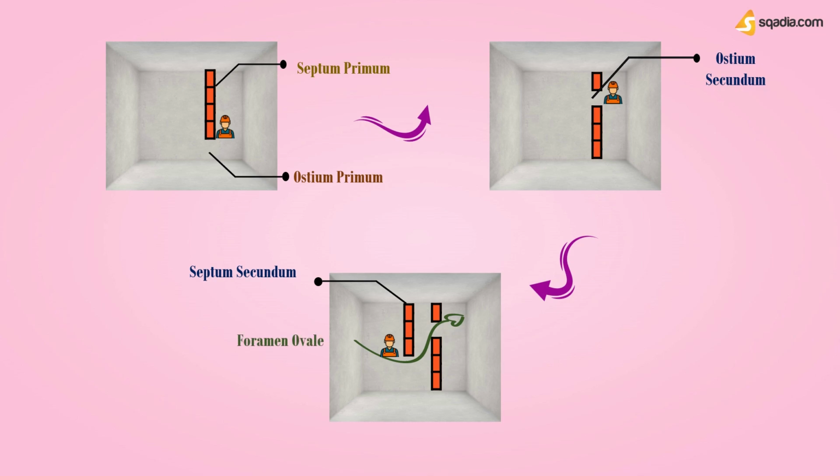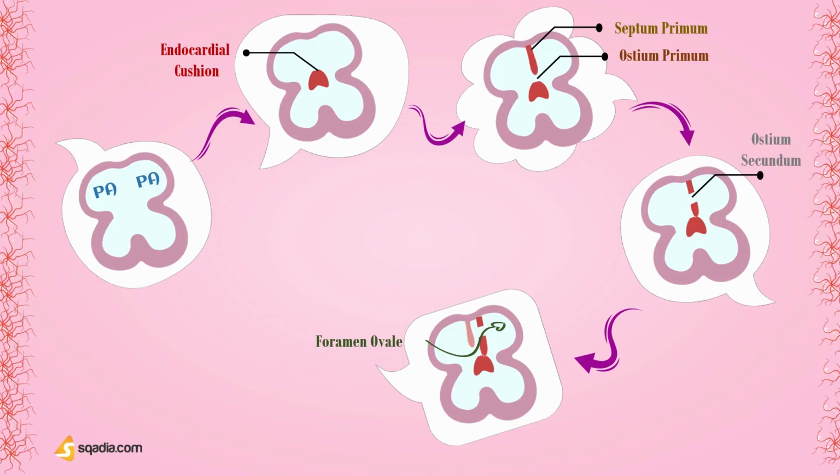Very good, Harry. You explained it very well. So, class, we have discussed how the right and left atrium are formed. But before ending this video, let me explain one more important point. The foramen ovale is one of the routes that exist before birth, allowing blood circulation to circumvent the developing lungs.